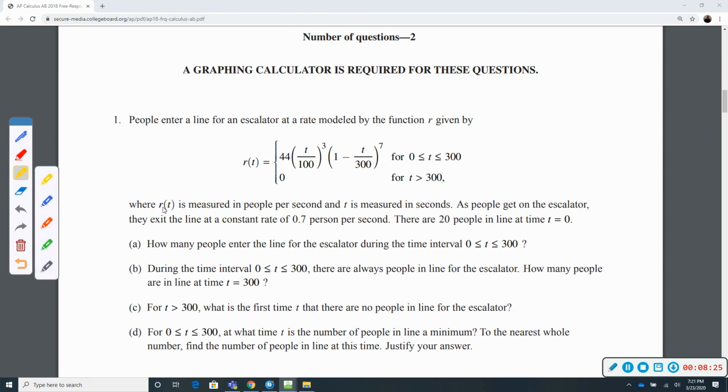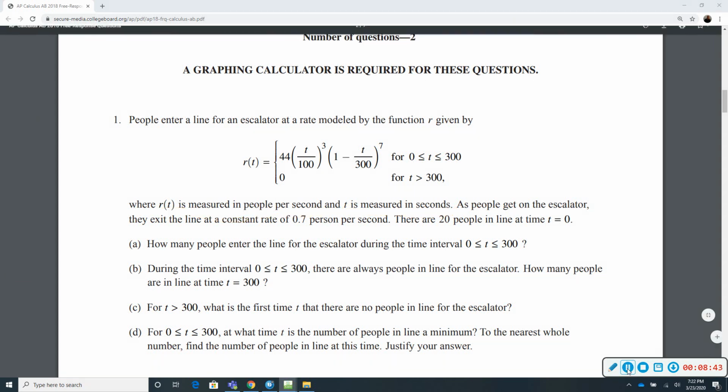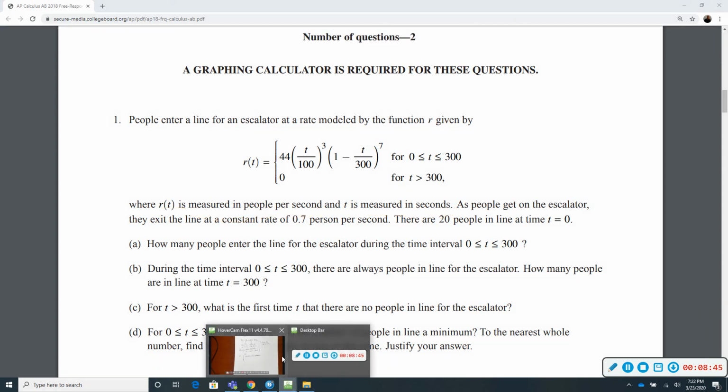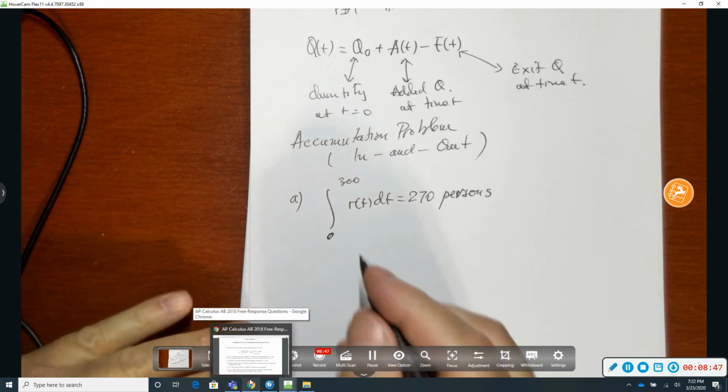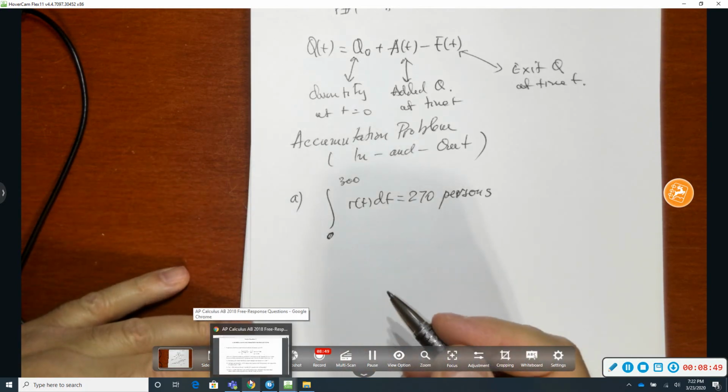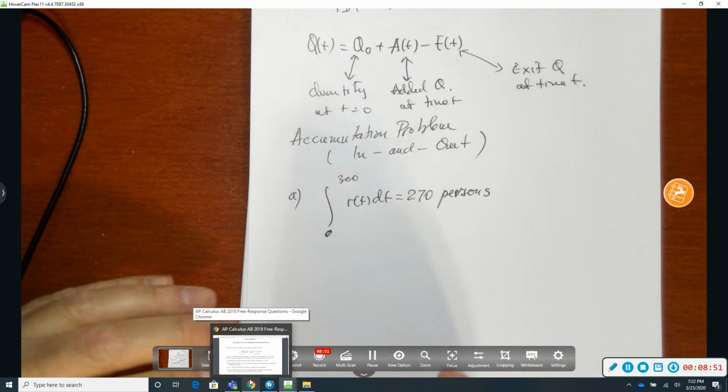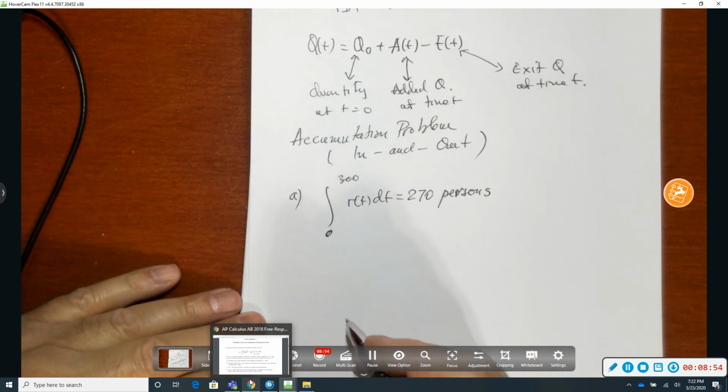We know that R of t is measured in people per second and t is measured in seconds. So if I really want to know how the integral is going to be measured, I need to symbolically write what the units for this integral will be.